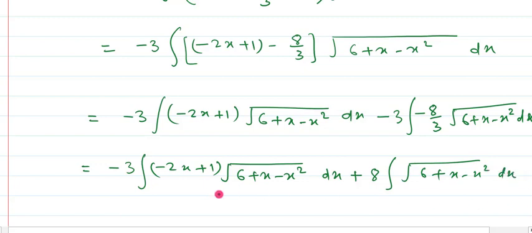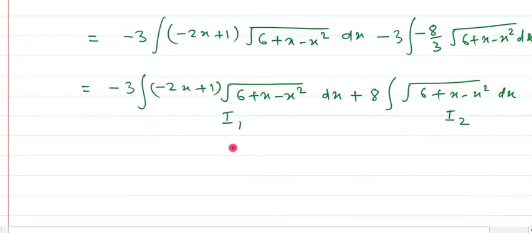Now let us name these as I1 and I2. Let us simplify I1 first. As minus 2x plus 1 is the derivative of this, taking 6 plus x minus x square as t, another variable.